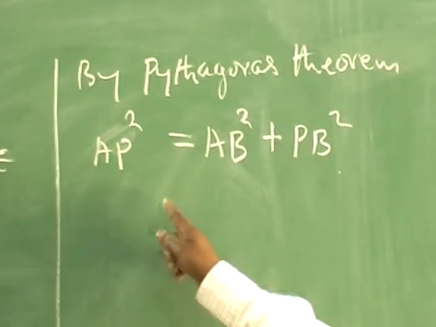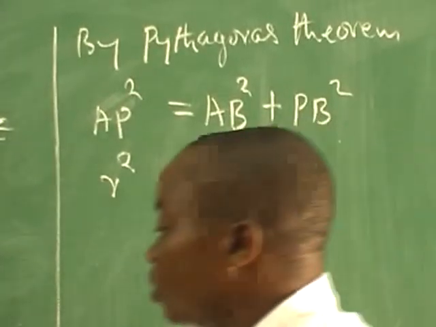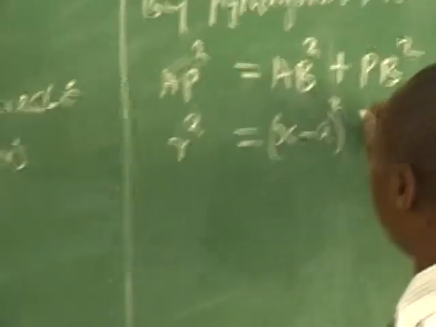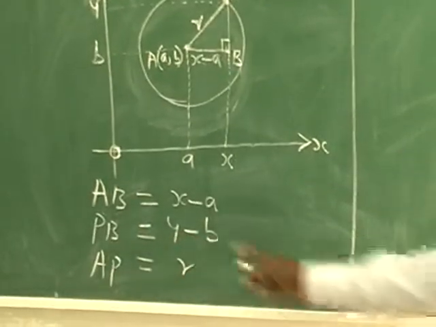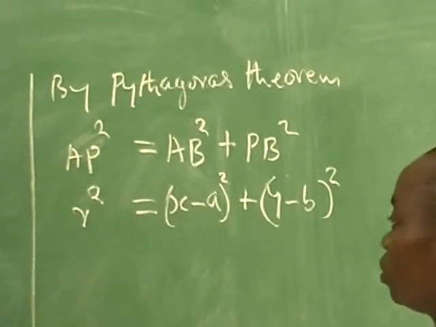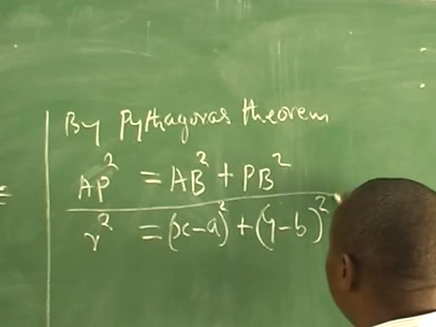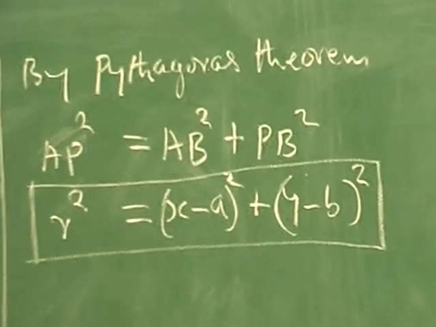By Pythagoras, we know that very well. And so, AP is r, so we can get r square is equal to AB square plus PB square. AB is x minus a, so we have x minus a squared plus PB, which is the same as y minus b, so we have y minus b squared. So now this particular one is called the equation of a circle.